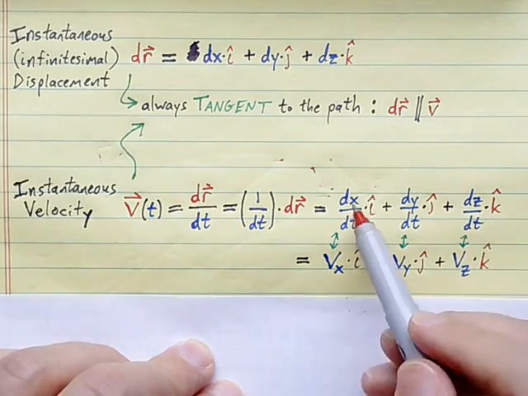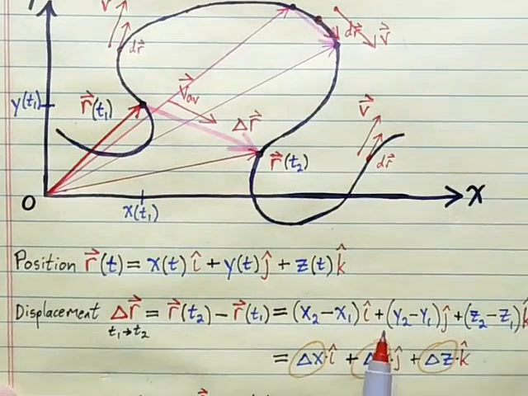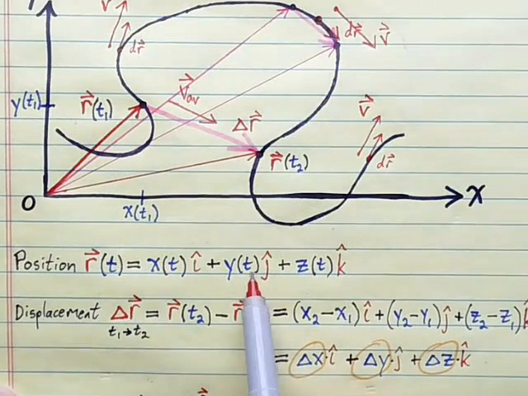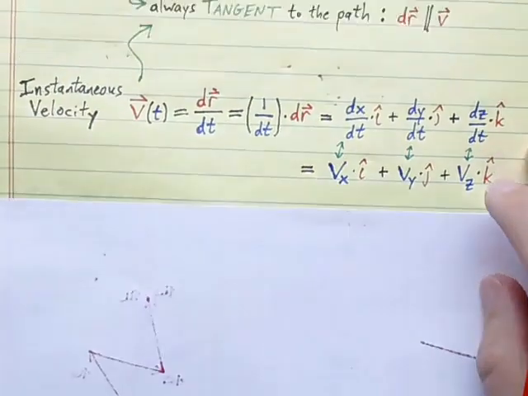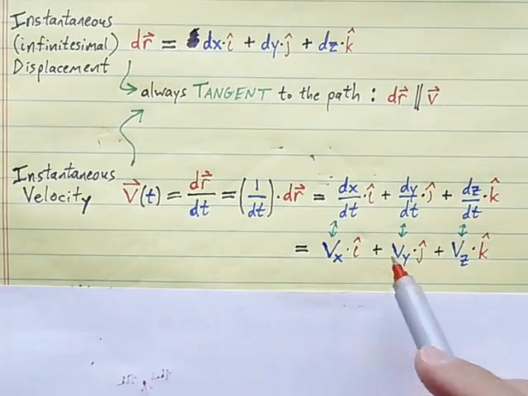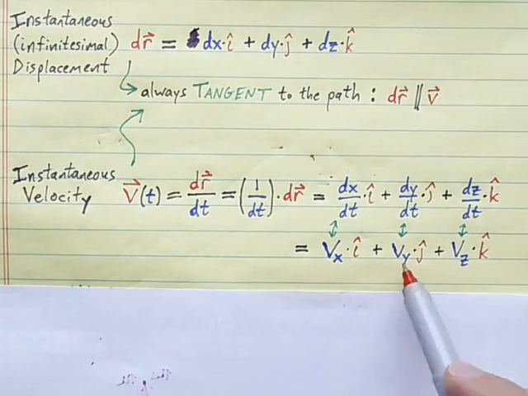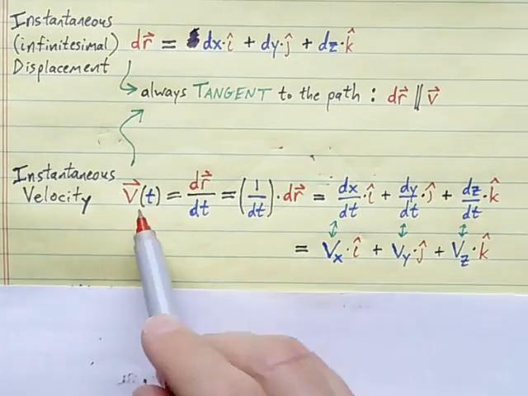Since x, y, and z are themselves functions of time along your path, we take those time derivatives of these three functions to get Vx, Vy, and Vz, the x, y, and z components of your velocity vector.